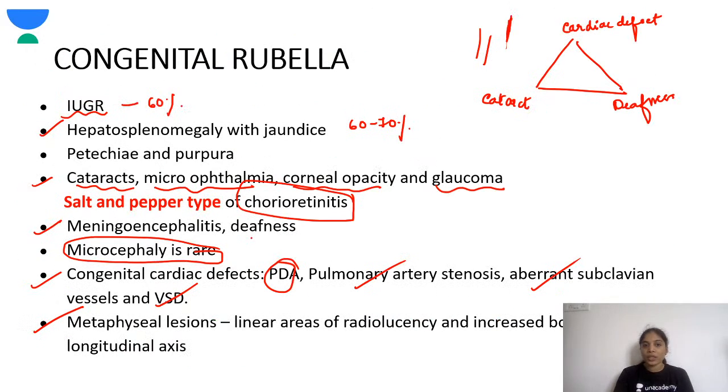So now coming to congenital rubella. The triad for congenital rubella syndrome that you need to know is cardiac defect, cataract and deafness. The most common cardiac defect is PDA. The chorioretinitis in congenital rubella syndrome is the salt and pepper type of chorioretinitis.